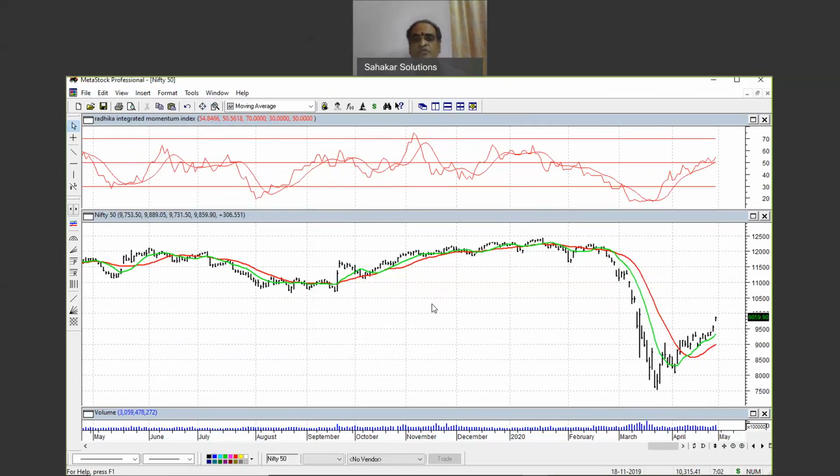Now we have to frame certain trading rules based on moving averages. First one, when you adopt trading based on moving averages, you should always look at the slope of the moving average. That is of primary importance, very, very important. The basic inherent long-term trend is established, shown by the slope of the moving average.